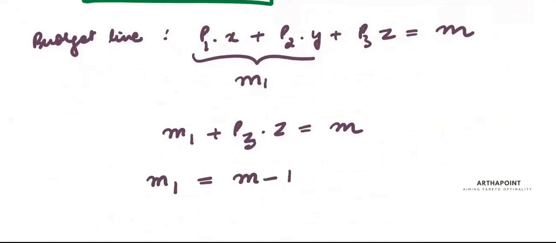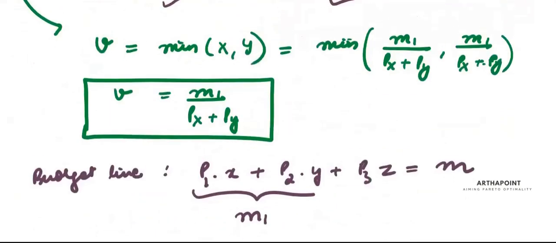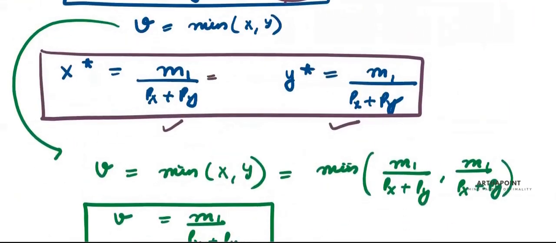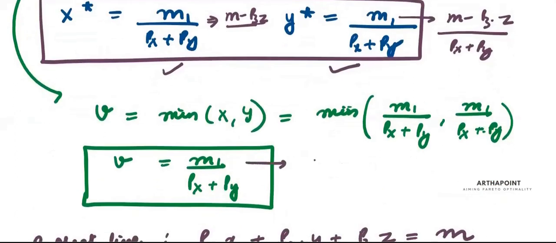M1 is M minus P3 into Z. So instead of M1 everywhere, I can rewrite this as M minus P3 into Z. I can rewrite this as M minus P3 into Z. I can rewrite this also as M minus P3 into Z.